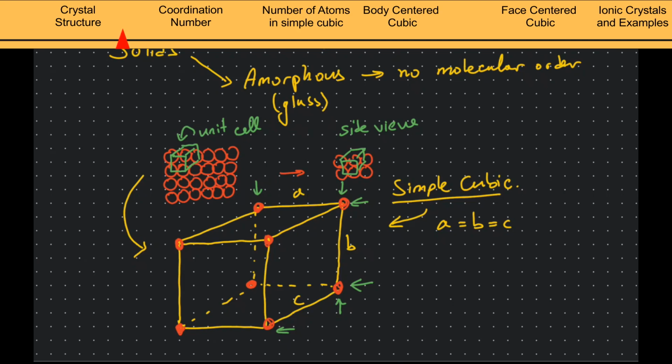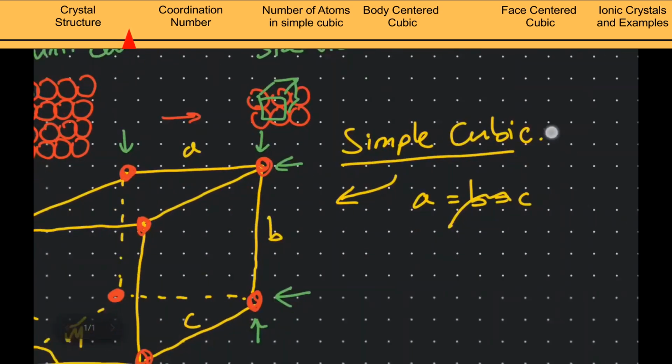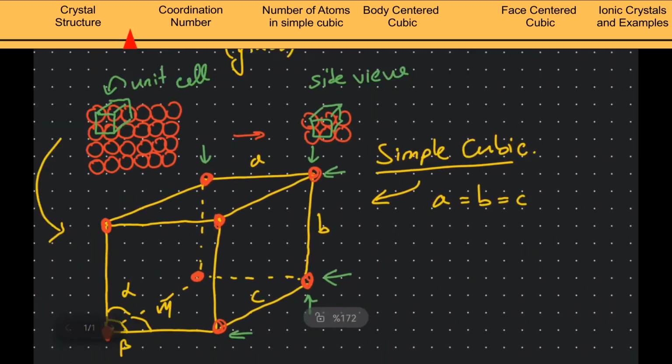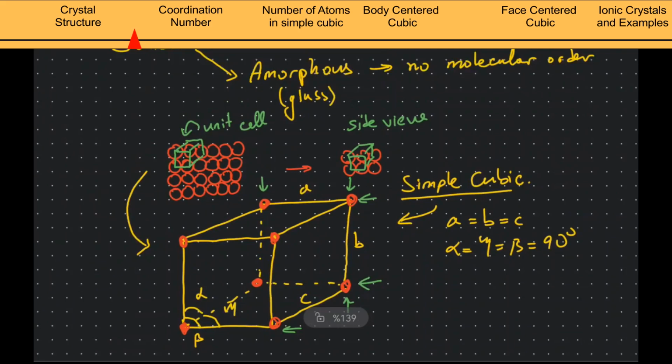And we also have the alpha, gamma, and beta angles, and these angles are equal to 90 degrees.